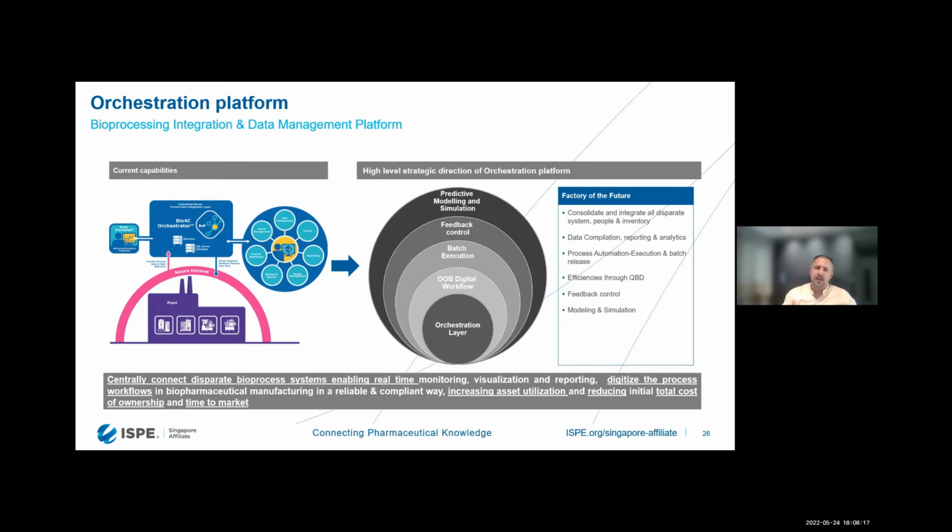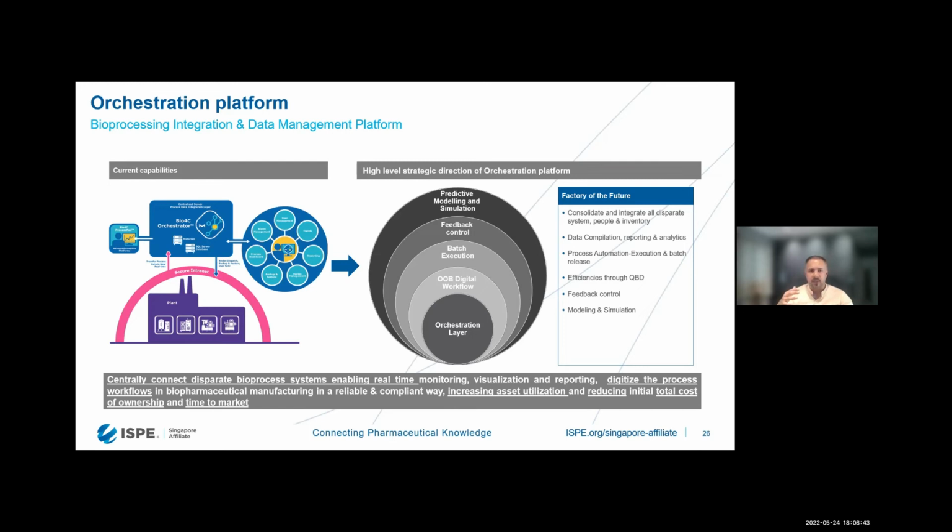And with all of that, one can achieve the concept of the factory of the future, where you can consolidate and integrate all the systems from different vendors, the different users, and the different inventory into one central location. The data that gets generated from the platform, of course, has to adhere to all the compliance and regulatory guidance.